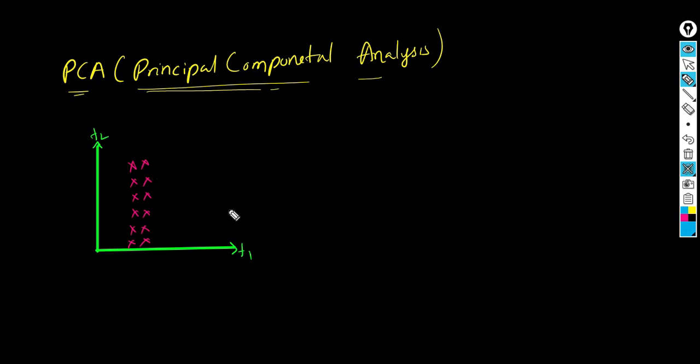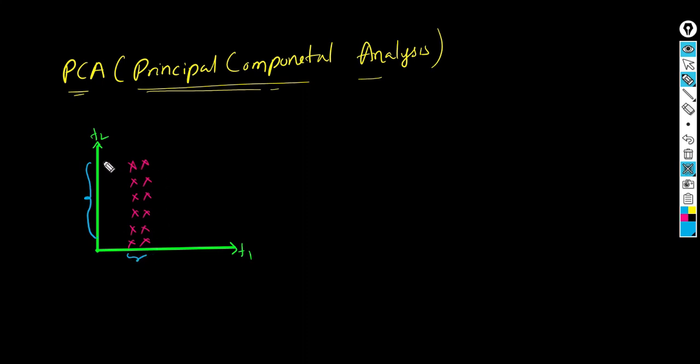F1 and F2 are the two feature columns, and when we plot the data, suppose it looks like this. One thing we can observe is that the data is spreading more in F2, and the spreading in F1 is very little.